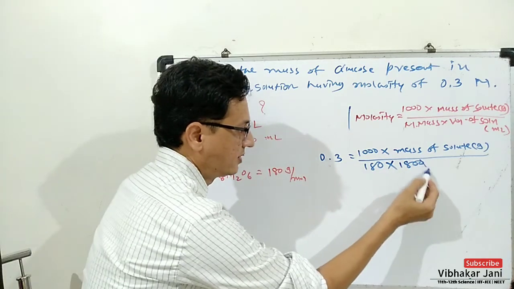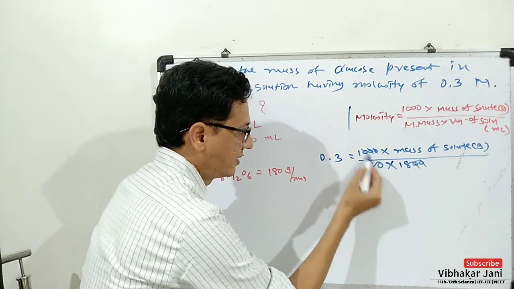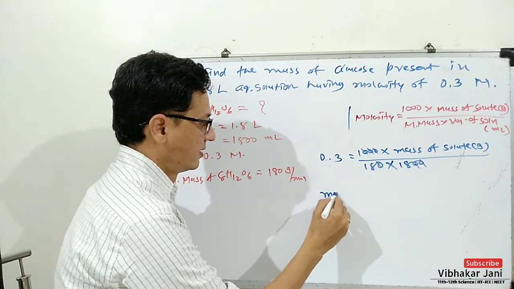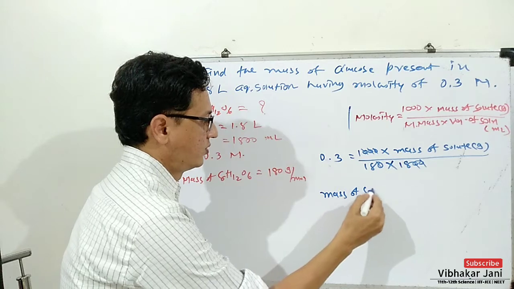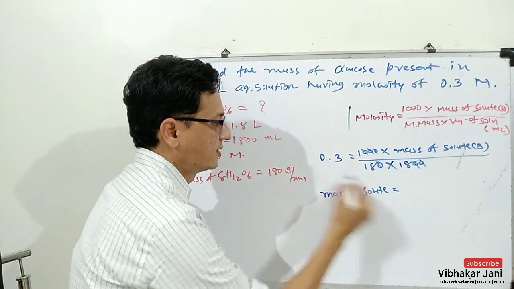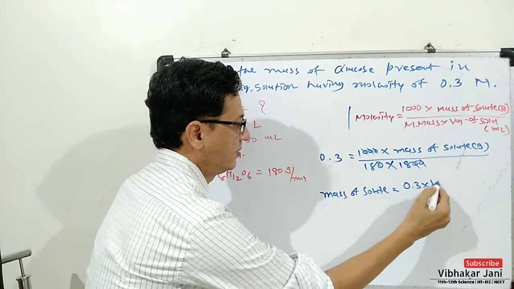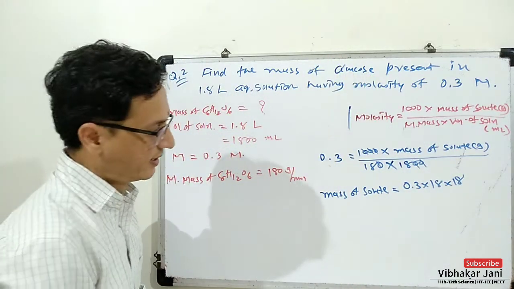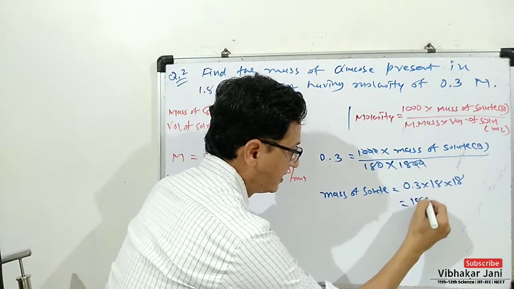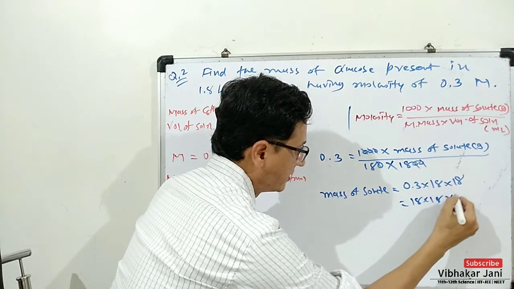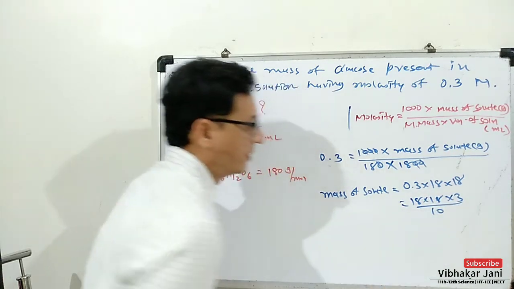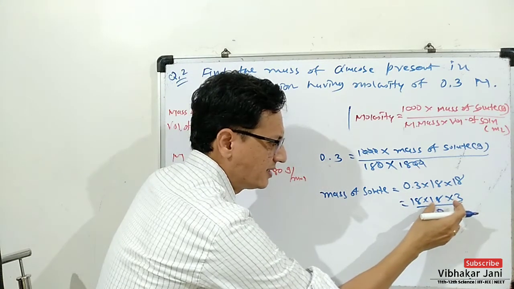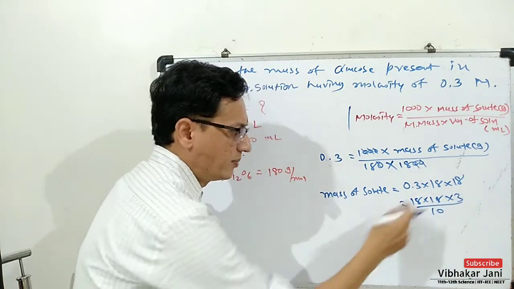Now these zeros will be cancelled and mass of solute is equal to 0.3 multiplied by 18 multiplied by 18. That means it is 18 multiplied by 18 multiplied by 3 divided by 10. That means it is 54 multiplied by 18.